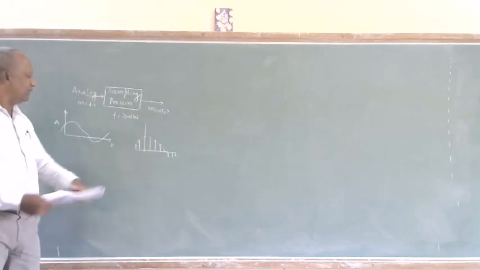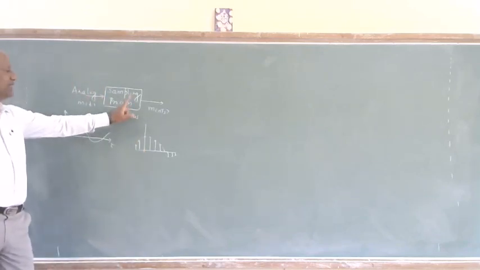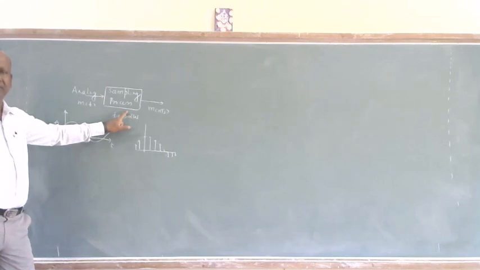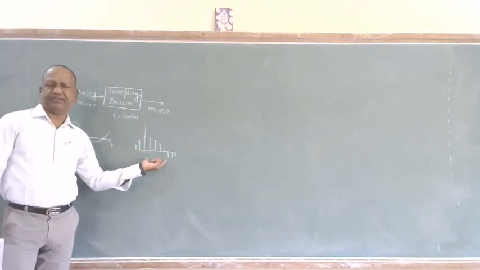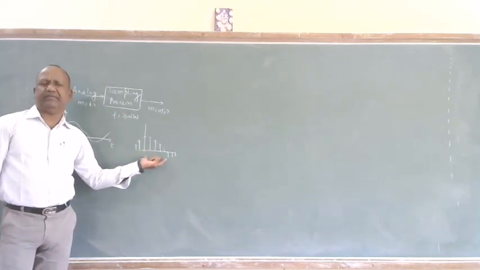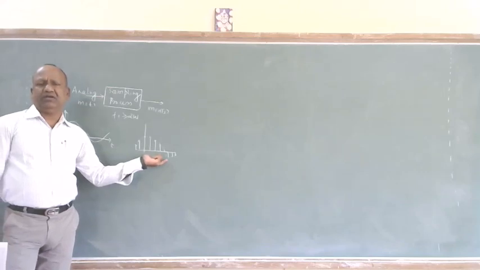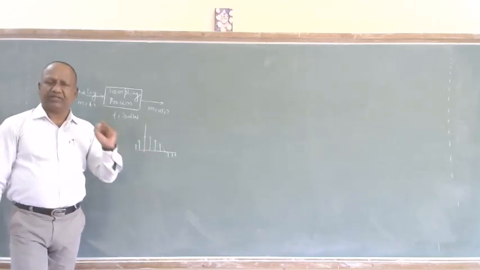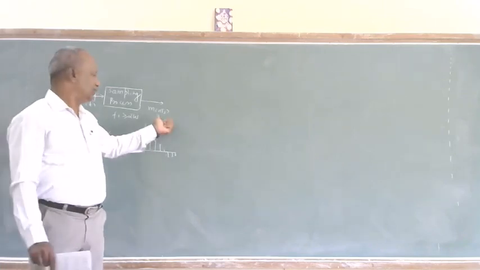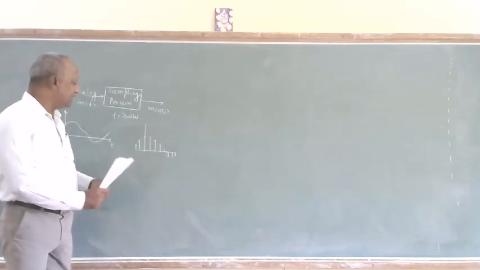This is the signal I am getting as output of this sampling process. Yes, diagrammatically I have shown it. What name do we assign to this signal? It is discrete sample values, which is discontinuous in time.